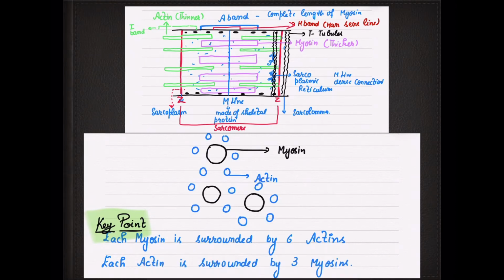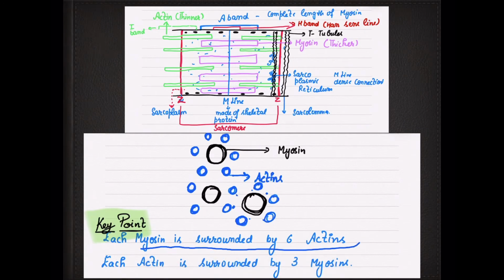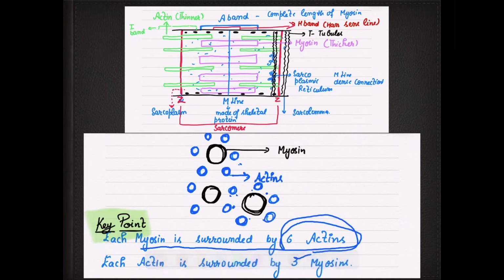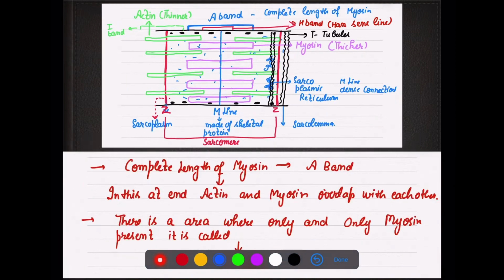So each myosin is surrounded by 6 actins, or each actin is surrounded by 3 myosin. Both the things are correct.